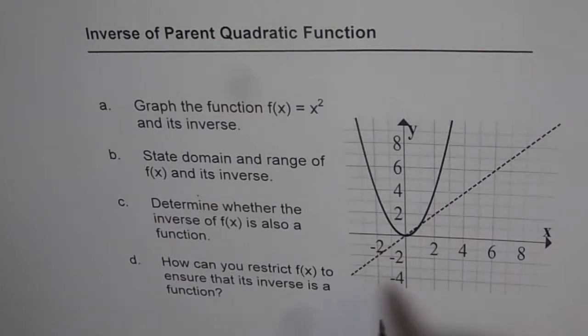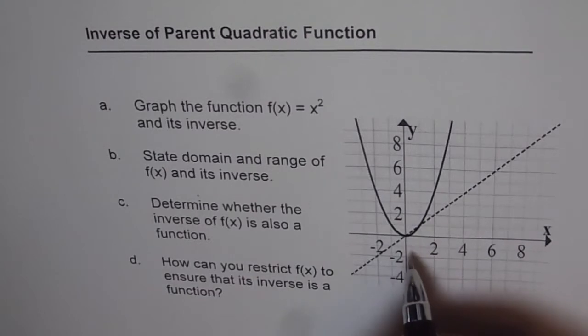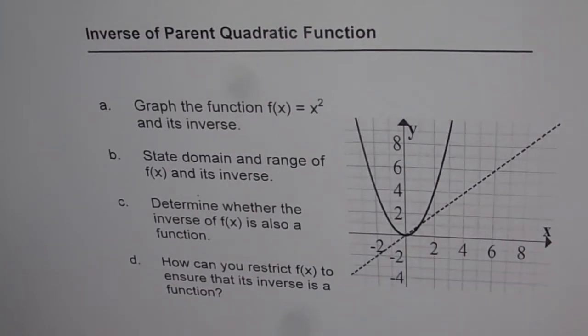Now I've already given you the graph of f of x equals x squared, but let's go through it once. To draw the graph of f of x equals x squared, we can take some critical points, which we call the key points for the parent function x squared.